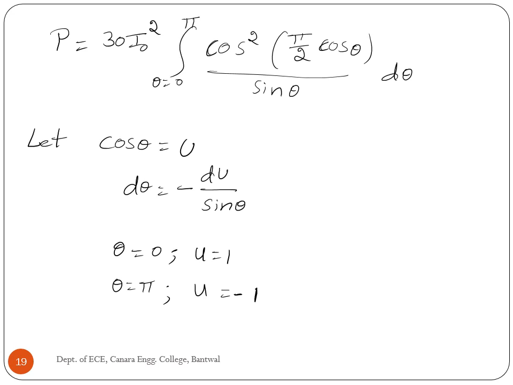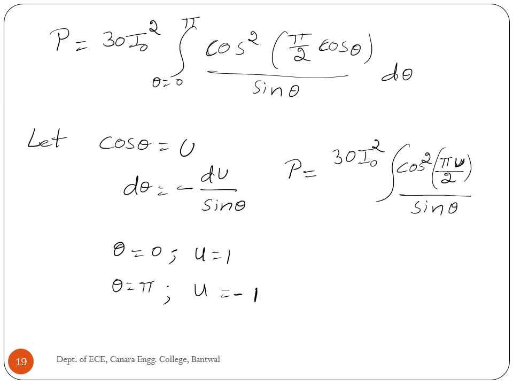When I substitute these values, radiated power is equal to 30 I naught square, integration of cos square of pi u by 2 divided by sin theta d theta, which is equal to minus du divided by sin theta.